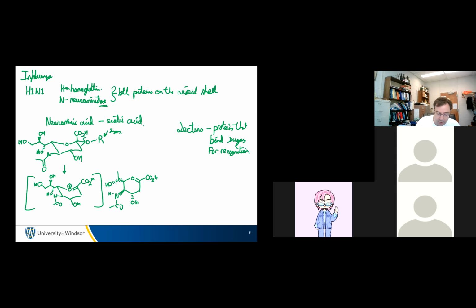Drawing steric. How can I do this without ruining everything? I guess that's okay, but I don't like it. So if we can make a molecule that looks a bit like that, then maybe we can target that.